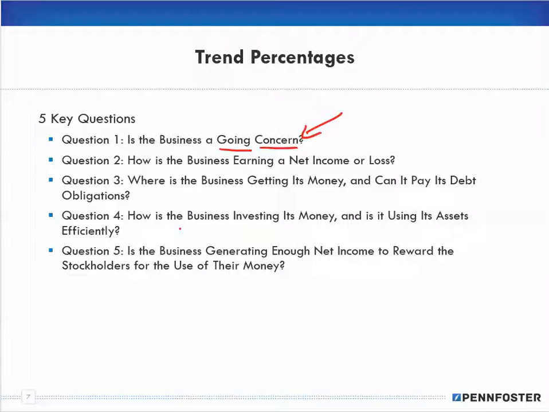Question 4 is how is the business investing its money and is it using its assets efficiently? When it makes a profit, are the shareholders and the CEO just siphoning the money out of the business, or are they pumping the money back into the business and buying the required assets to be able to run the business?